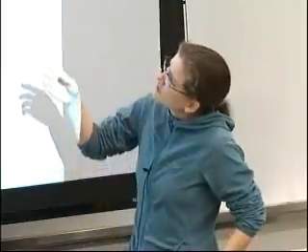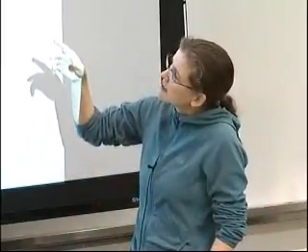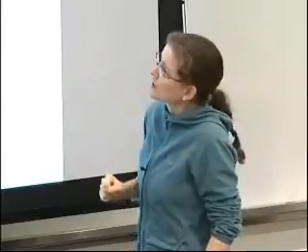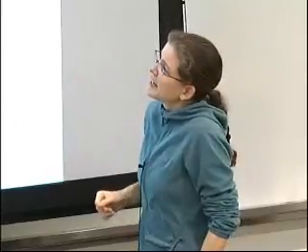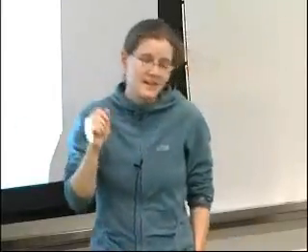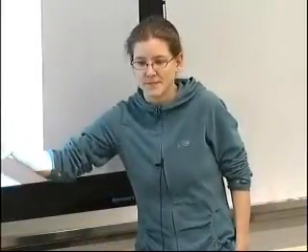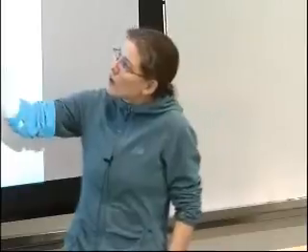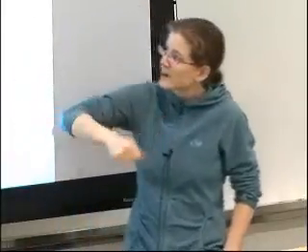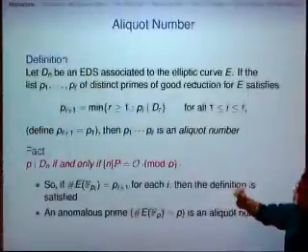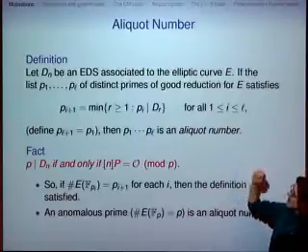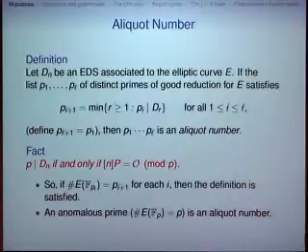If you have some primes of good reduction, all distinct primes, p_1 through p_l, and the first index at which p_i appears as a divisor is p_{i+1}, for each link in the entire loop, including that the first index at which p_l appears as a divisor is p_1, so going right around, then the product of those primes is called an Aliquot number.